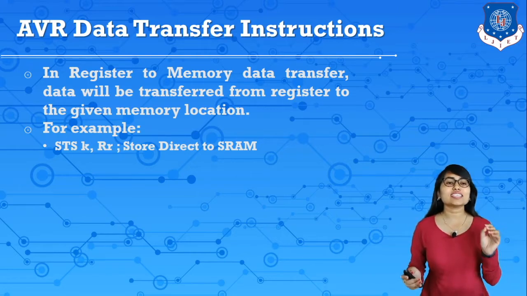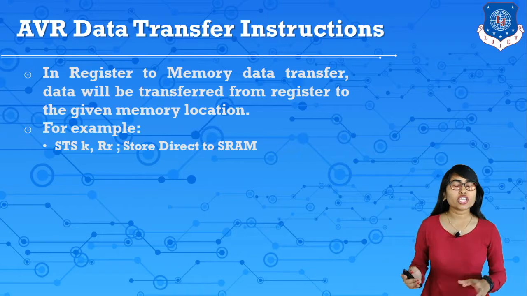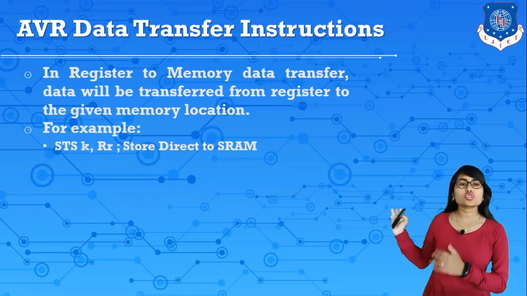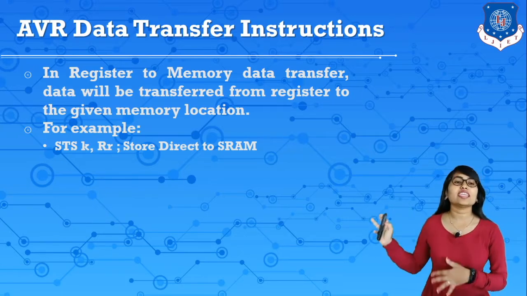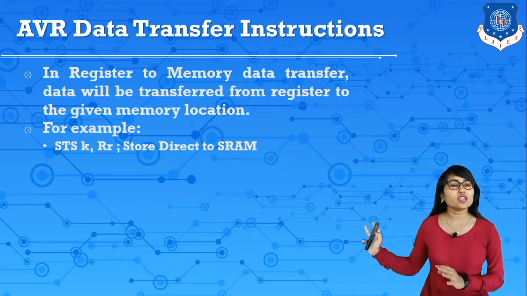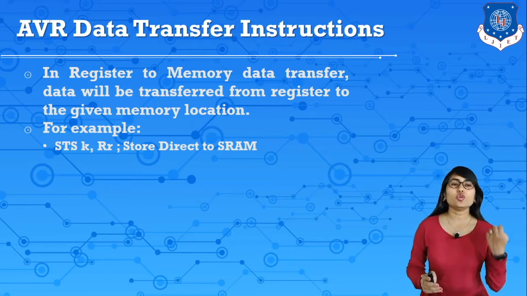So STS K, RR. K is the address location. Whatever the content of the RR register is, it is stored at the location indicated by K in memory. So it is a register to memory transfer.